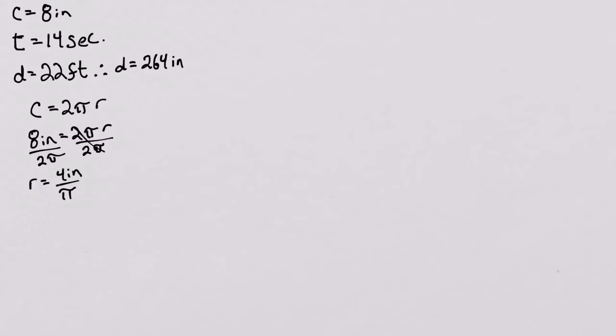The next thing we need to do is calculate our actual linear velocity. The formula we're going to use is distance equals rate times time, but in this case our rate is linear velocity.